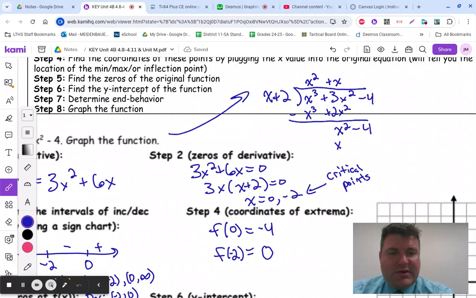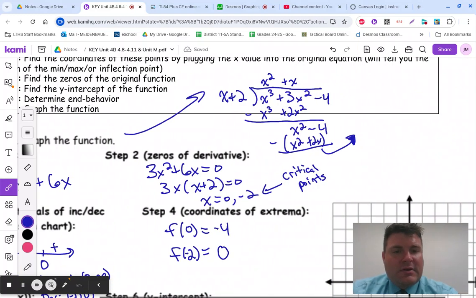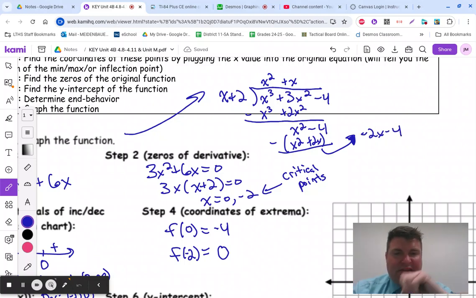So I'm going to get x squared plus 2x, subtract that. And then I'm going to get -2x minus 4. And then that goes in -2 times, and that checks out. So I subtract that, I'll be left with 0.